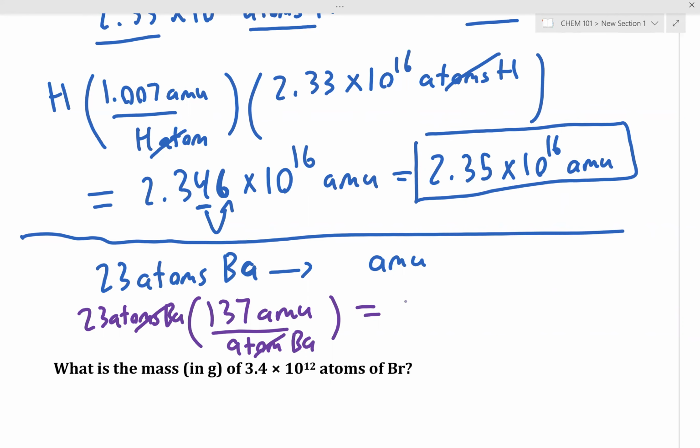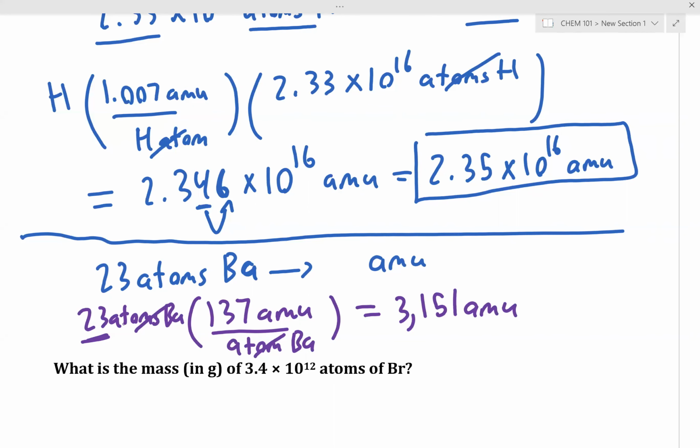So let's write down this number and let's round to the right number of sig figs. So we have 3,151 AMU. Looking at our input, how many sig figs does our input have if we consider this a non-exact number? 2. So then how many sig figs should we round our output to?